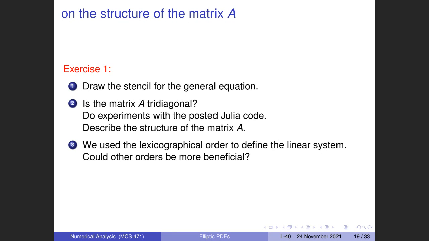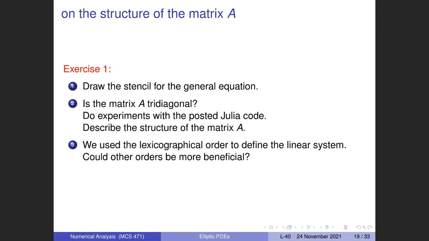We have a general equation, and it would make sense perhaps to derive a stencil, but actually the stencil here is the entire grid. So the matrix is not tridiagonal. We have used one particular lexicographical order. One could also use a reverse lexicographical order, or one can also look at the sums of the indices, that is the degree lexicographical order.